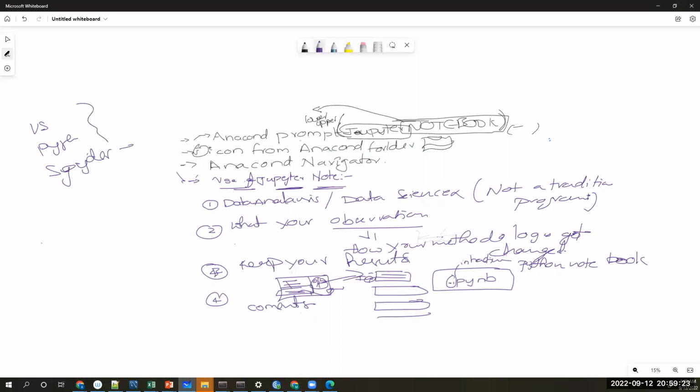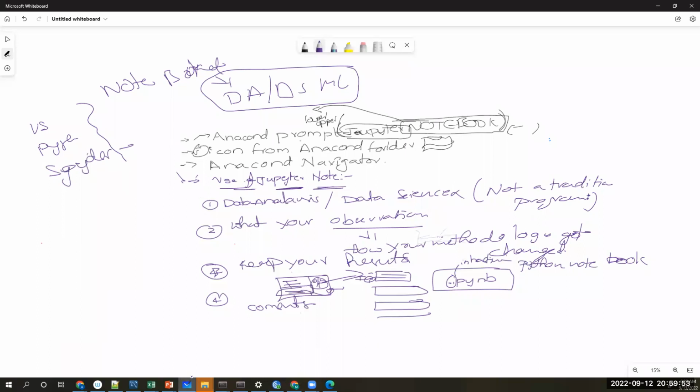All different types of platforms are there. But the notebook is a special feature developed by industry experts to build solutions for data analytics, data science and machine learning, because they observed that traditional IDEs are not suitable and not up to the level.